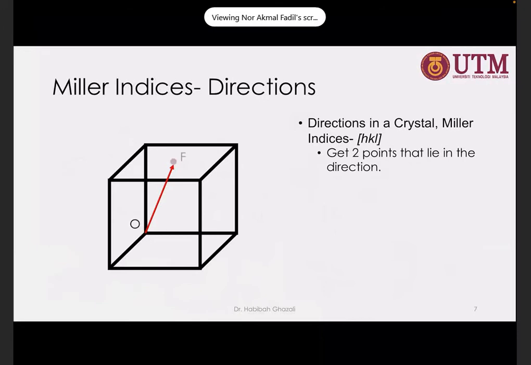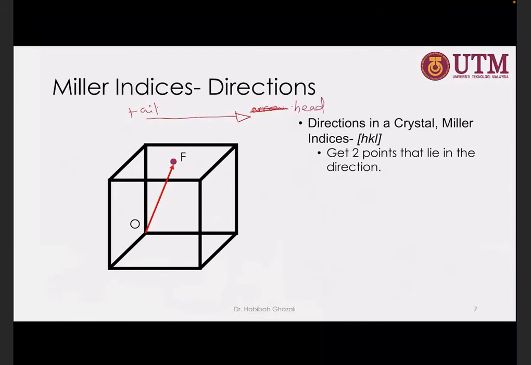Which is the tail. This is the arrow. Oh, not arrow, head. All right, head and tail. So you need to obtain the coordinate for head and tail. What is the coordinate for F?